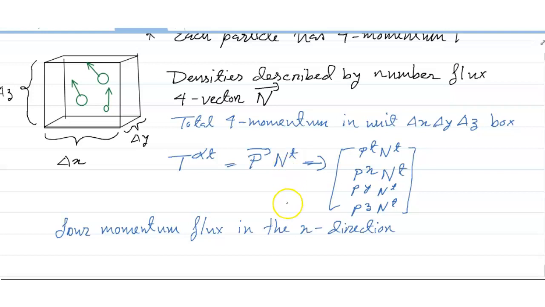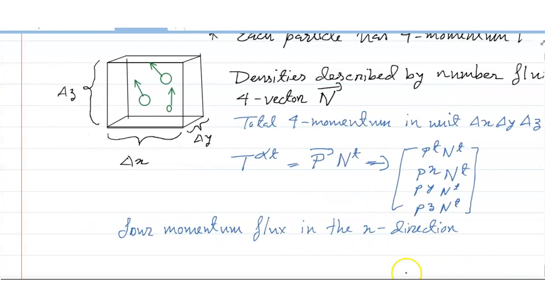So friends, our diagram should be changed. In the case of four-momentum, x momentum, it should be ct, and it should be y, and it should be z, and this is the x for the x momentum box. This box is the x momentum box.